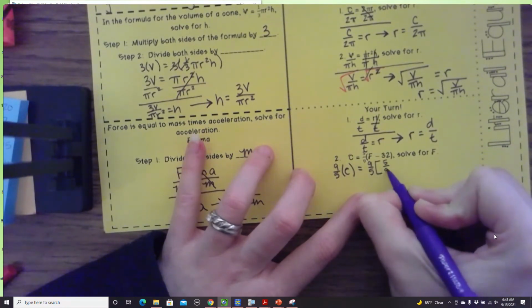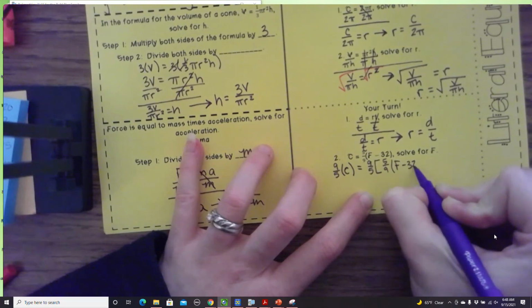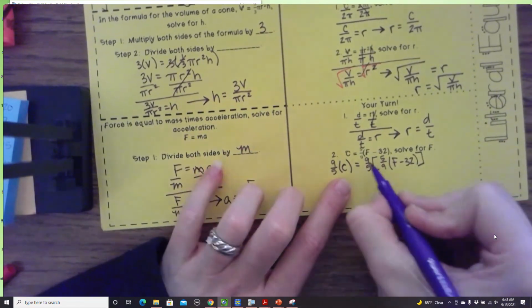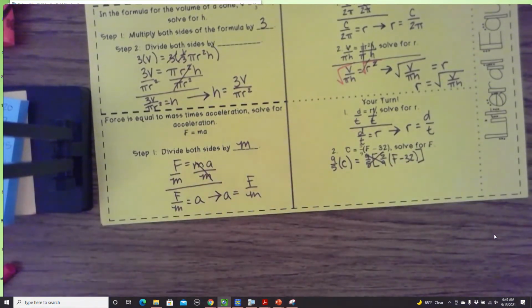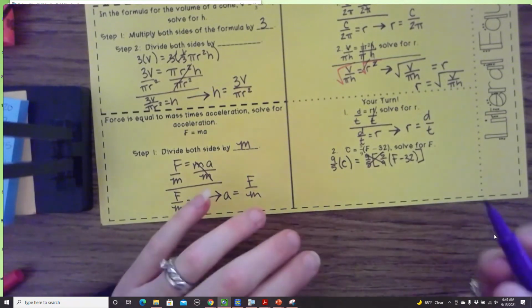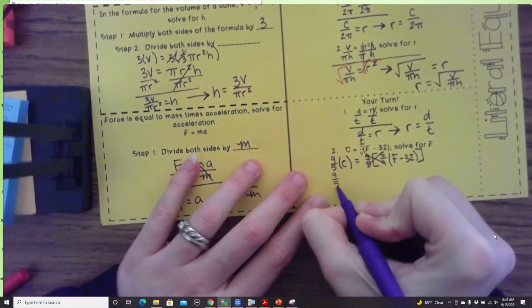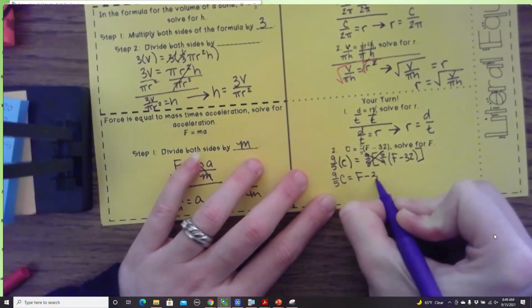So you notice I used a different bracket there just to keep straight where I'm at. And so what this does, when I multiply by the reciprocal, it cancels that fraction out for me. So I'm left with 9/5 C equals F minus 32.